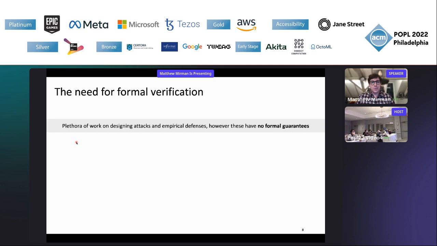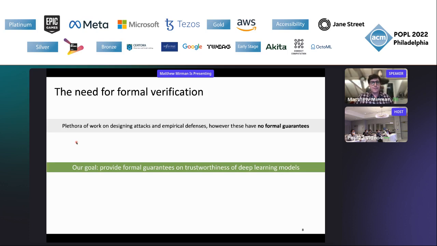But in these works, we don't have eternal guarantees about our model. Somebody can come around after we've created a defense and create a new attack that specifically targets this one defense. And this happens back and forth. And this is clearly not ideal from an industrial standpoint and presents significant liability.